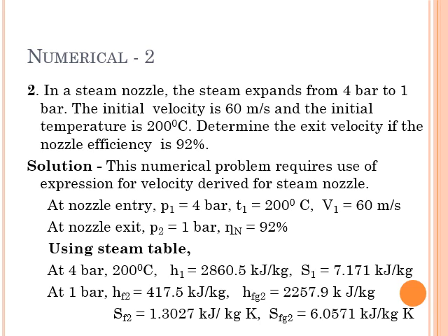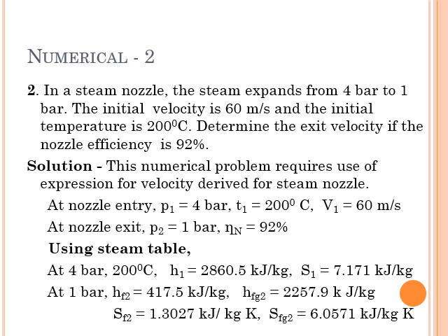On reading, we get H1 equal to 2860.5 kilojoule per kilogram and entropy S1 equal to 7.171 kilojoule per kilogram Kelvin. At 1 bar, the state of steam is wet steam. So we read the properties values from the properties of dry and saturated water and dry saturated steam.